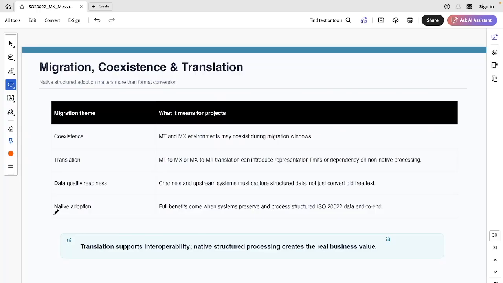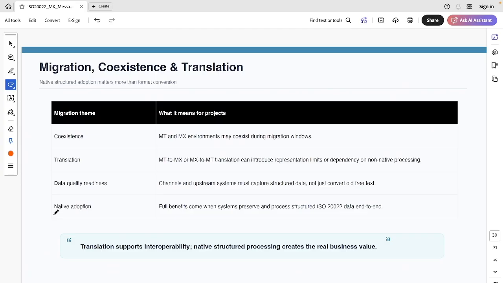For example, if rich ISO 20022 data must be translated into a legacy MT format, some data may be truncated, mapped into less precise fields, or carried in a way that downstream systems do not fully understand. This is why coexistence requires strong controls and careful testing.